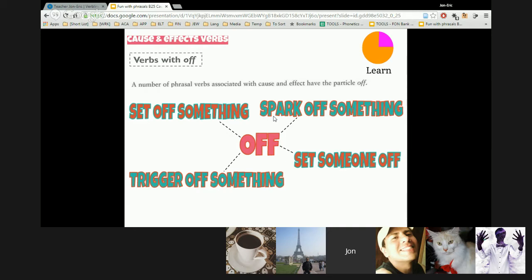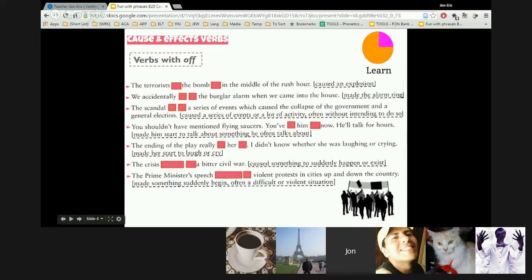If you think about the metaphor of a gun, one simple action from your finger creates an immediate result. There's no delay. It's immediate, and I think that's what they're trying to say here. So triggered off, I think it's got to be, because we want to show that there is no doubt at all that the Prime Minister's speech was the cause. So set off works, but trigger off is much better in this case.